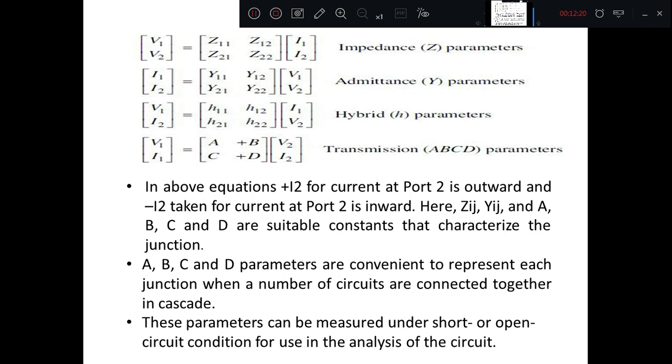When you connect more and more circuits in cascade, ABCD parameters are more convenient to represent each junction than the Z, Y and H parameters. And these parameters can be measured under both short and open circuit conditions for use in circuit analysis.